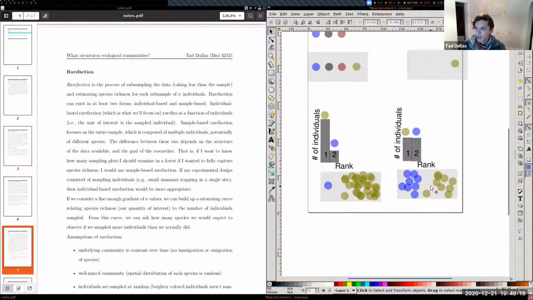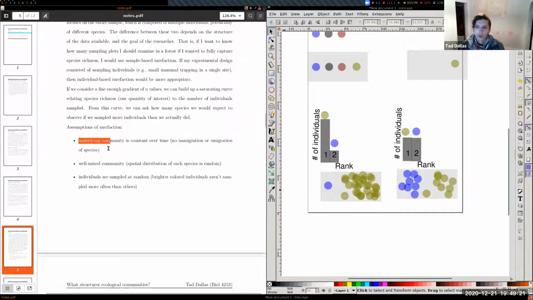And there's a bunch of assumptions that go into this approach, the rarefaction approach. It assumes that the community is constant over time. It doesn't really bake in many dynamics.